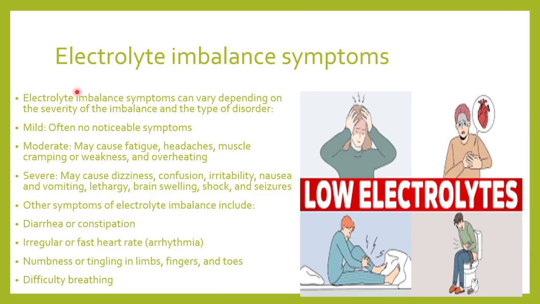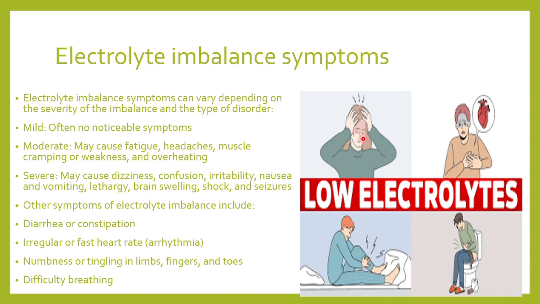Whenever there is an electrolyte imbalance, certain symptoms appear, which can be mild, moderate or severe. Whenever there is a mild imbalance, the patient might have no noticeable symptoms. If there is a moderate electrolyte imbalance, the patient might start feeling fatigued, get a headache, have muscle cramping, muscle weakness, he might be confused.